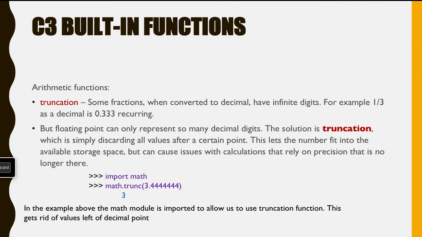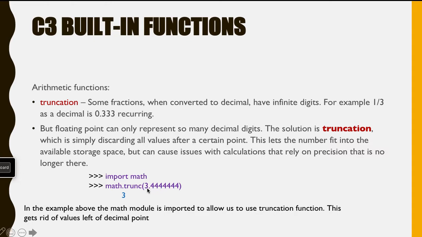The next arithmetic function is truncation. Truncation is a way of removing numbers or characters after a specified number that we want. So it's a bit like the round function, except this time we're not rounding up or down, we're getting rid of characters after a specific point.